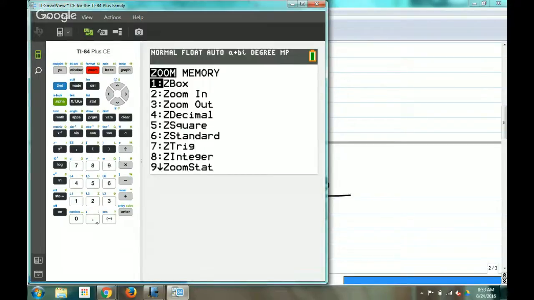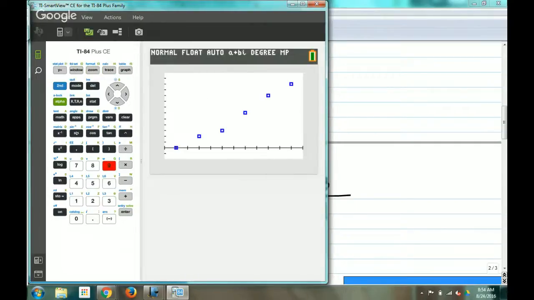We want to do zoom stat, which is number 9. And then, what do you see? I see 1, 2, 3, 4, 5, 6 ordered pairs. Does that look like a linear relationship? It's got a little hump in the middle there, but overall it's pretty straight, right? Kind of a straight line, not perfect, but it's kind of straight.